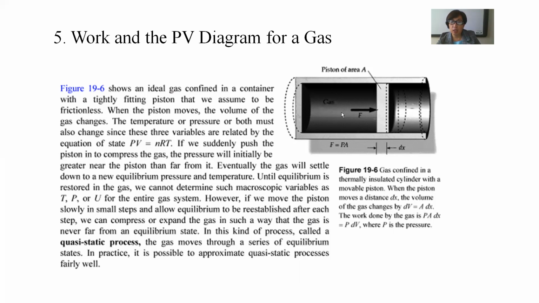And here dV is the small change in the volume of the gas, equal to area multiplied by dx. The work done by the gas is pressure P multiplied by dV, where P is the pressure and V is the volume of the gas changing here.